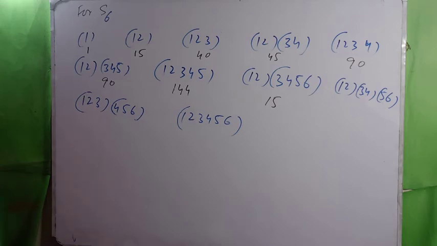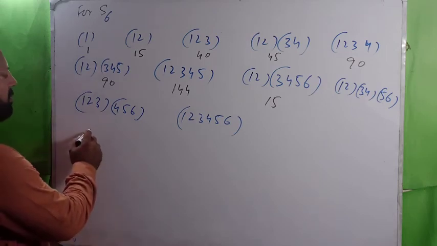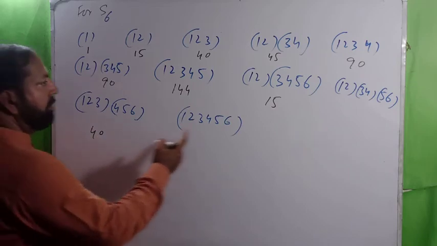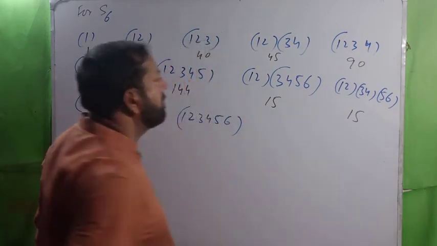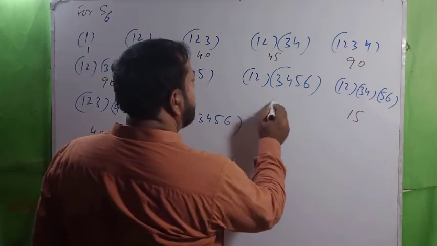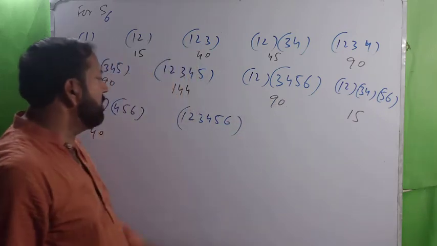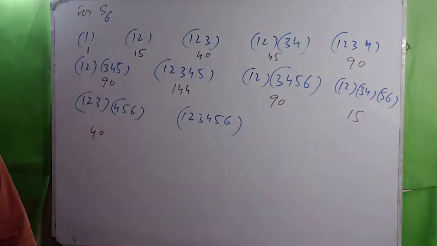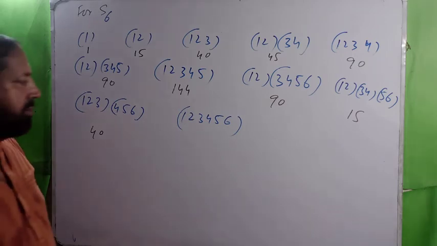There are 40 elements. There are 15 elements. So this has 90 elements. And lastly, this has 120 elements. 120.